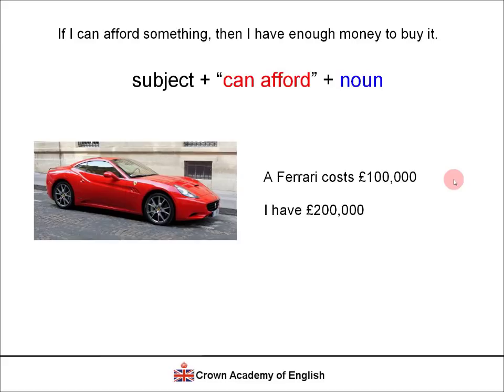Therefore, we can say I can afford a Ferrari. I can afford a Ferrari because I have enough money to buy it. Okay? So the Ferrari is not too expensive for me. I can afford a Ferrari. I have enough money.